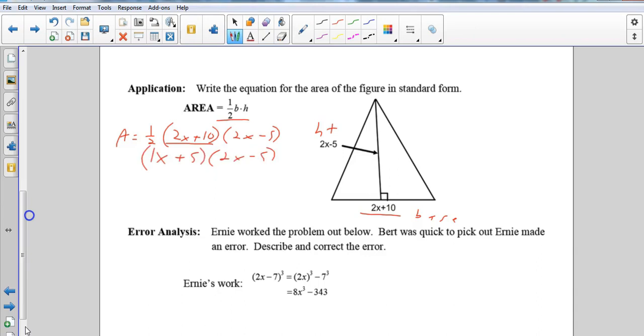And now I'm going to multiply. 2x squared, minus 5x. 5 times 2x is plus 10x, and negative 25. Combine like terms, 2x squared plus 5x minus 25. That is the area. So if we know what x is, we can plug that in and get our answer.